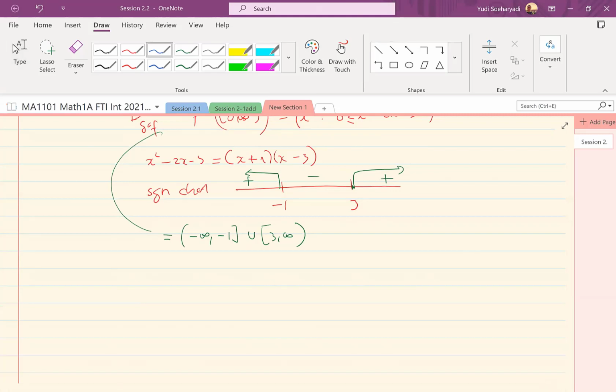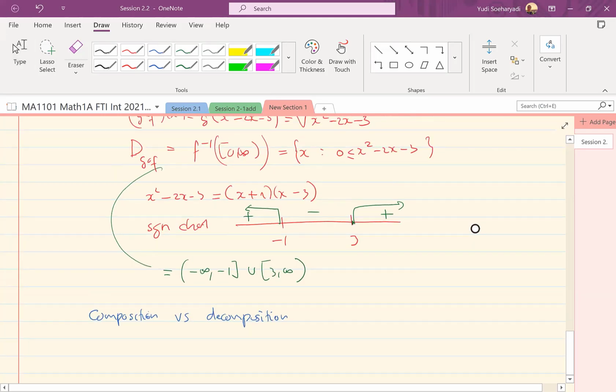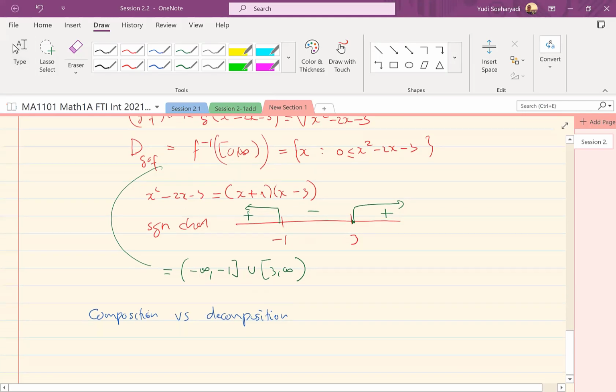But the important thing about composition is it's not the composition itself, but decomposition. In composition, you start with simple functions, and you get more complicated ones. Decomposition means the other way around.